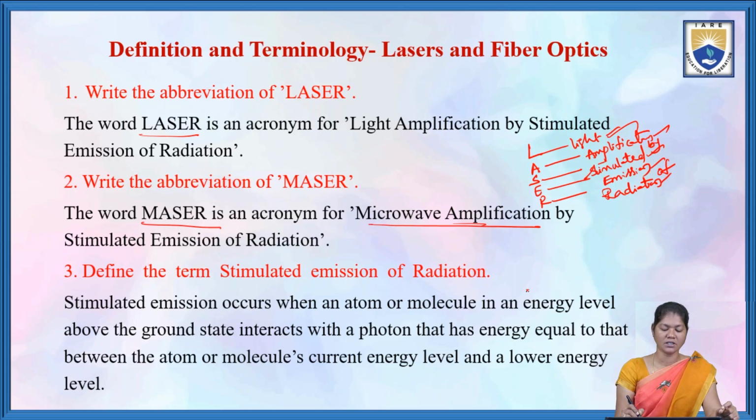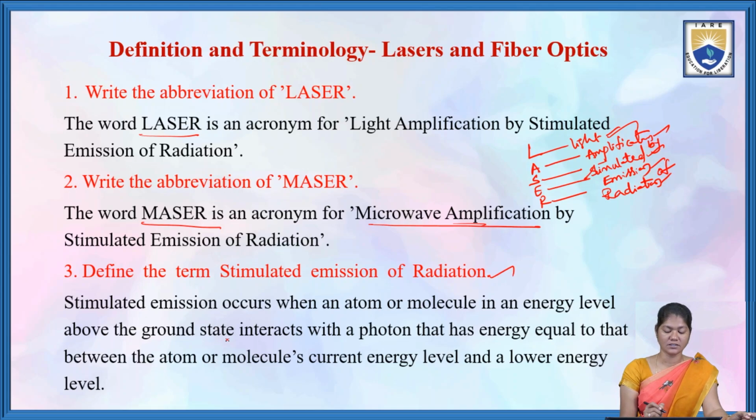Define the term stimulated emission of radiation. Now we are telling that laser is an acronym for light amplification by stimulated emission of radiation. So, what is stimulated emission of radiation?